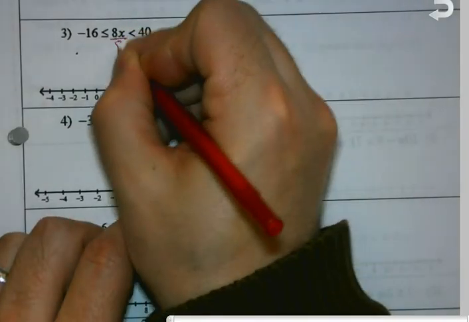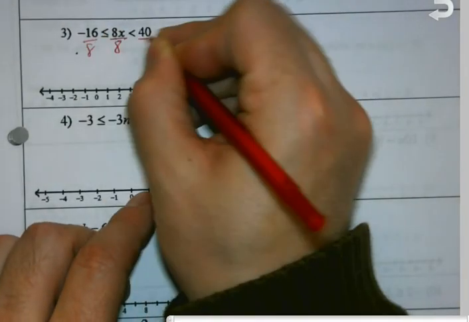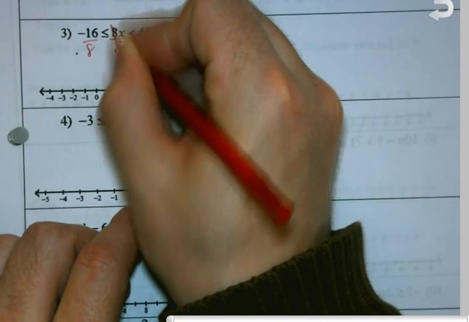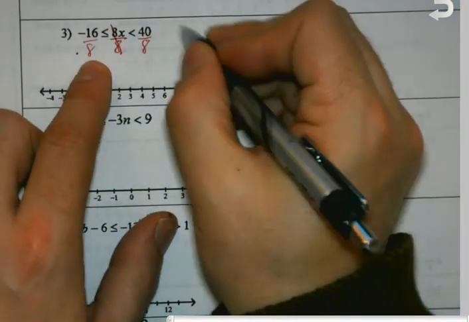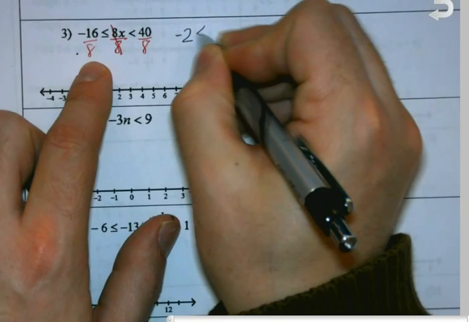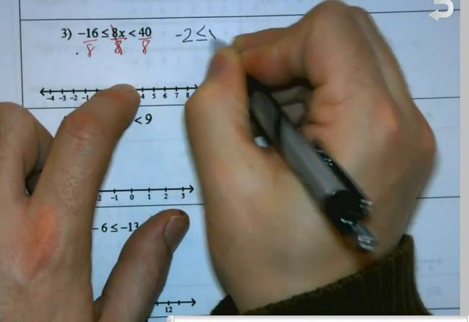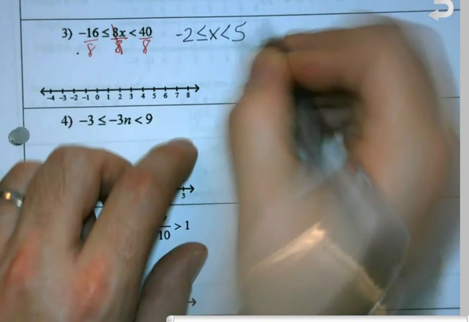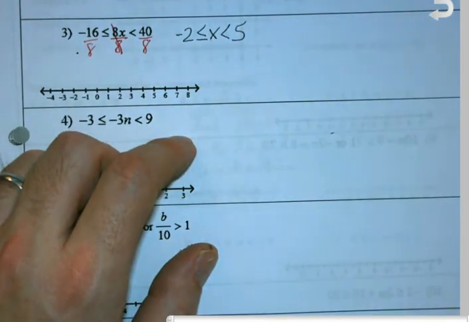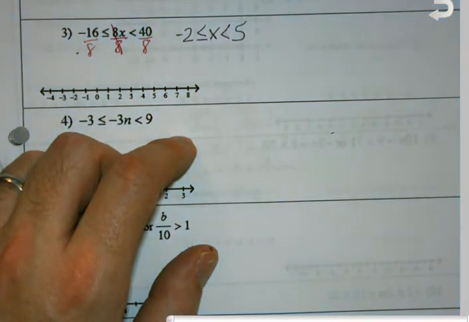Divide by 8, and you divide everything by 8. So negative 16 divided by 8 is negative 2. That's just x. That's what I wanted. 40 divided by 8 is 5. And now it looks more like one of the examples from the homework.